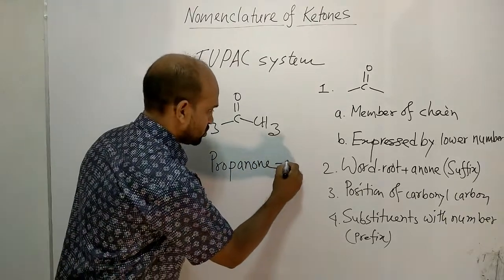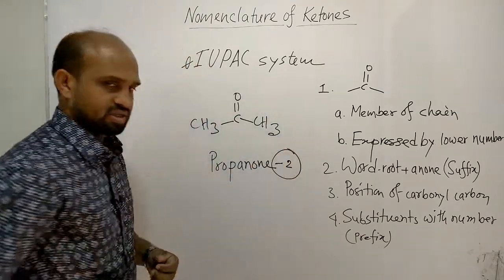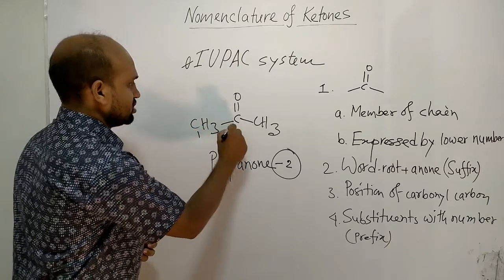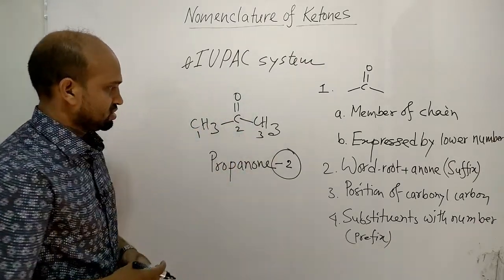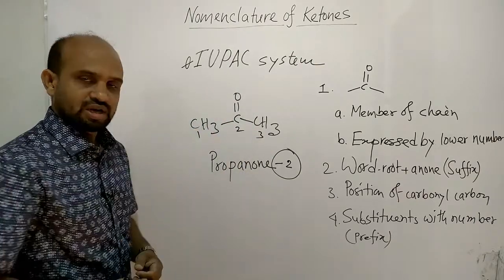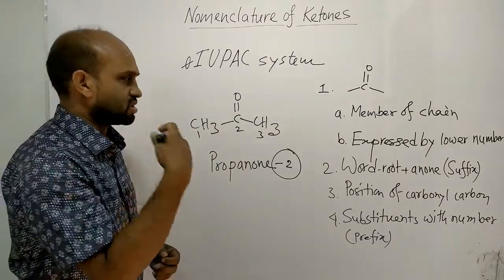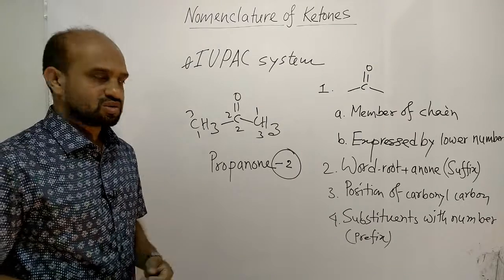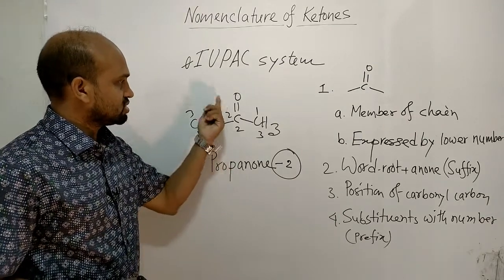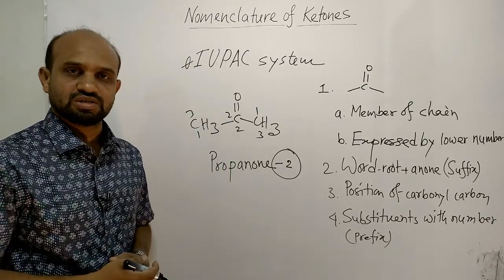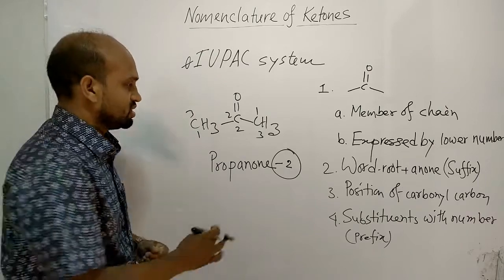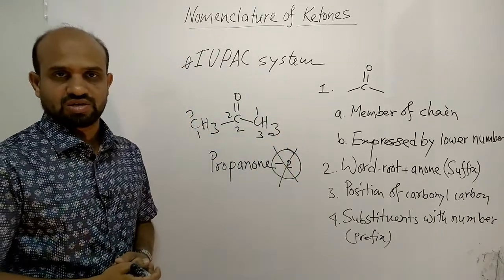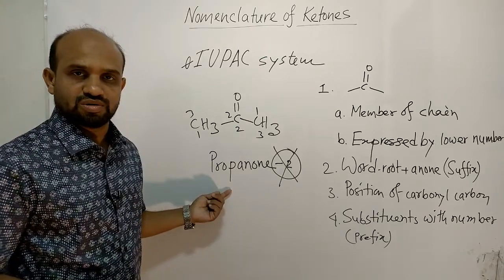Here 2 is not necessary, because if it is numbered from the left, then 1, 2, 3, propanone 2, and if it is numbered from the right, then 1, 2, 3. This time also this carbonyl carbon is 2. That is why this is not required to write, only propanone.